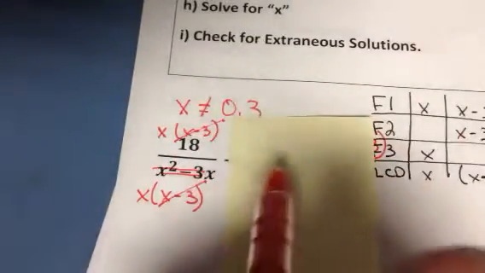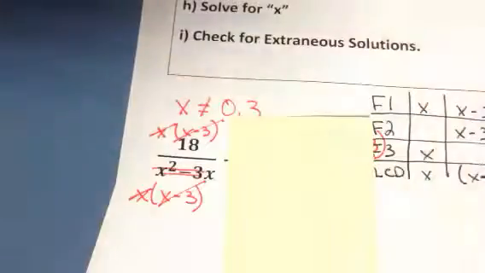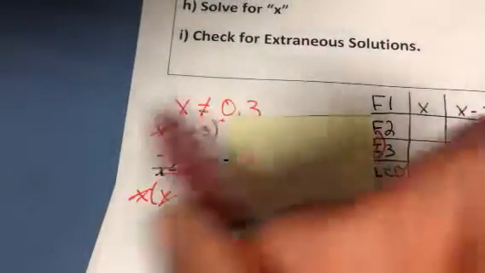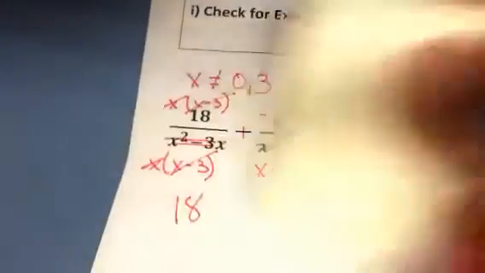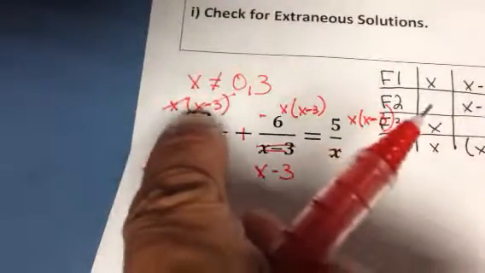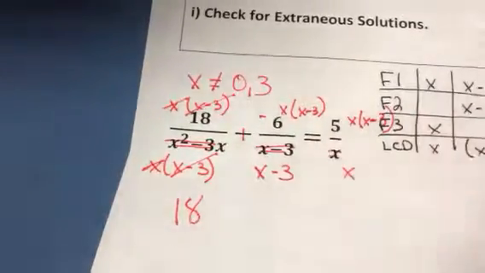The fact that I'm changing all the fractions works. And then this x is going to take out this x, so that the only thing I'm left with in this whole fraction now is 18. Since I'm multiplying everything by the same thing, this is keeping the balance, the equal sign staying the same.